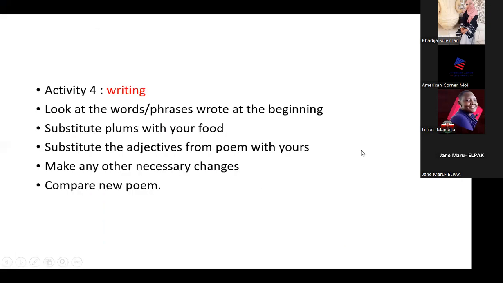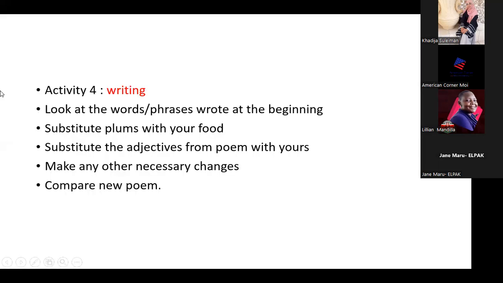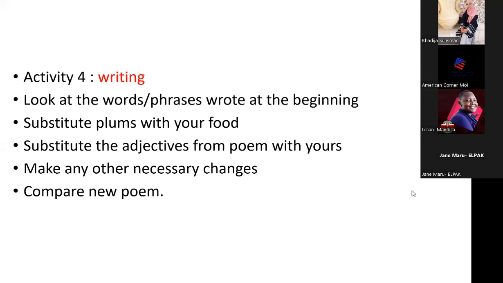So at the beginning of the session, we started by, oh no, sorry about that. I went to the end there. There you go. The instructions are there.